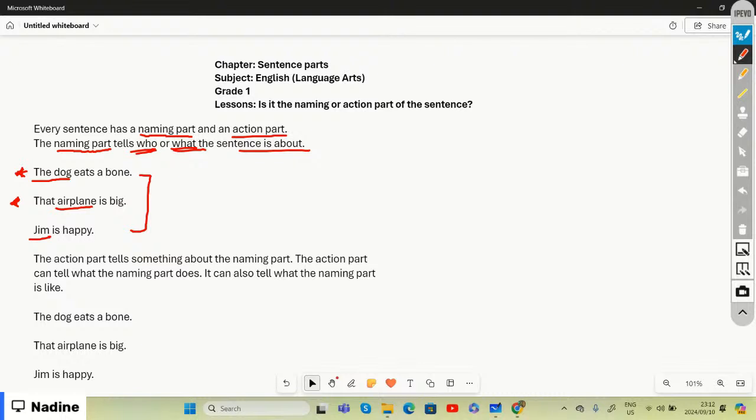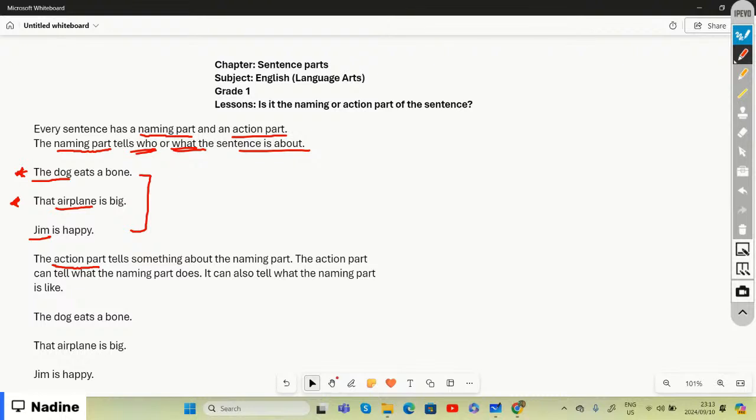Then we said a sentence has a naming part that tells us who or what the sentence is about, but a sentence also has an action part. With every sentence, we have a naming part that tells us who or what is doing something in the sentence. And then the action part tells us about the naming part, right?